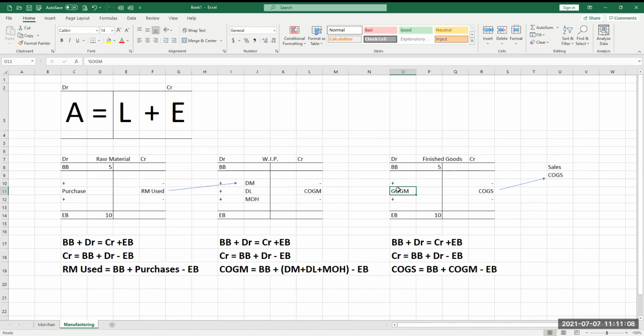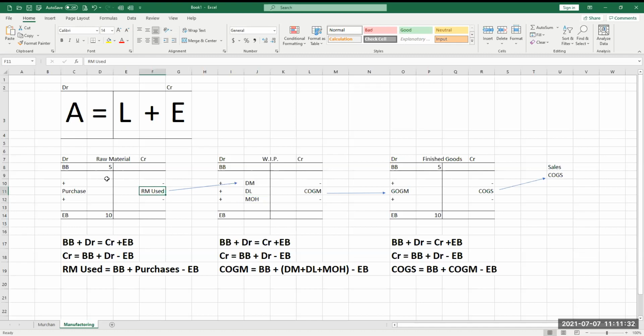Yes, exactly. But in order to get the cost of goods manufactured, I need the beginning balance, ending balance, plus direct material, direct labor, and manufacturing overhead during the period of time, right?